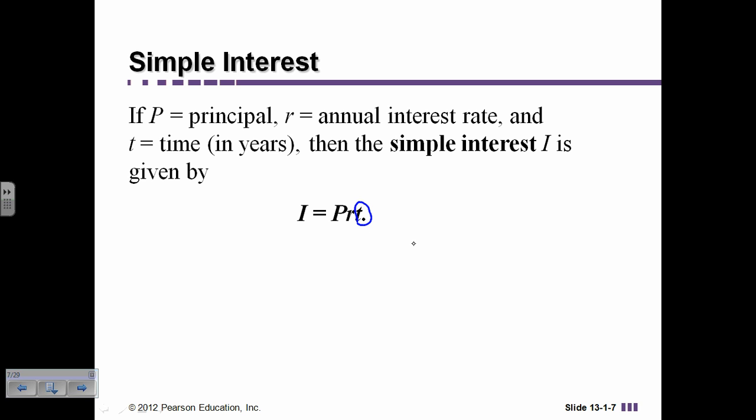So for example, if it was a 6-month loan, then the time in years would be 6 over 12. If it's a 24-month loan, then T would equal 24 over 12. So when you're finding the value of T, you always do it over 12 because it's per year.